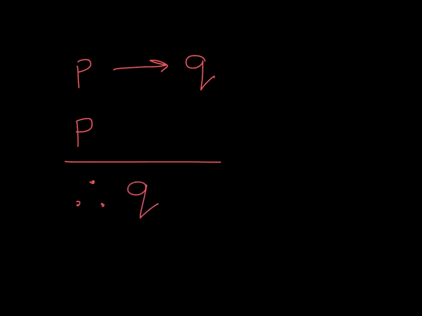You know what I mean? If P, then Q, and then you're given P, then I can conclude Q will happen, right? This is called the law of detachment. So whenever we have an argument of this form, then we can make this conclusion.